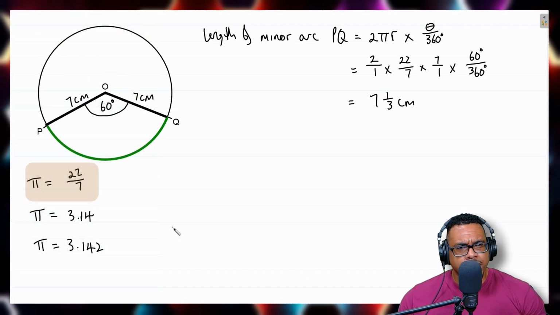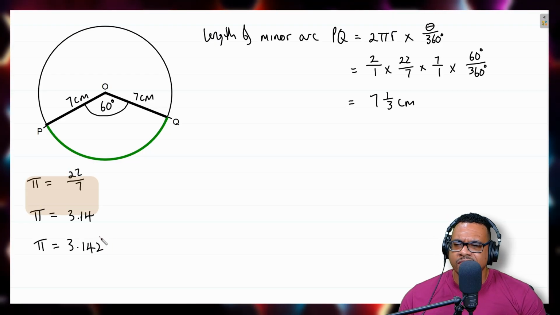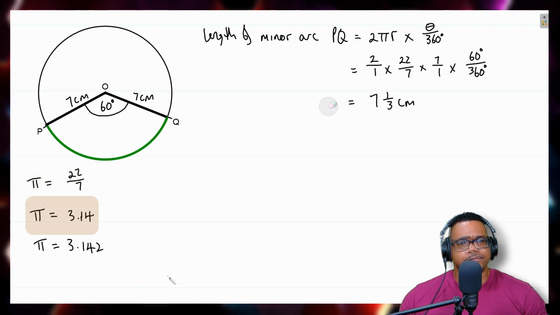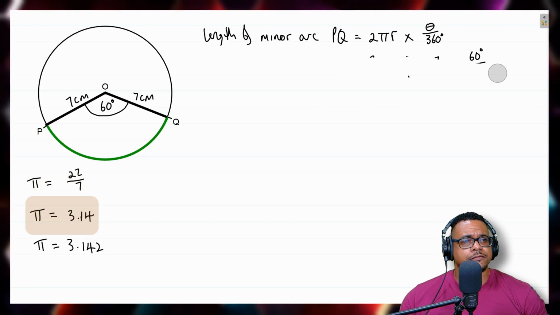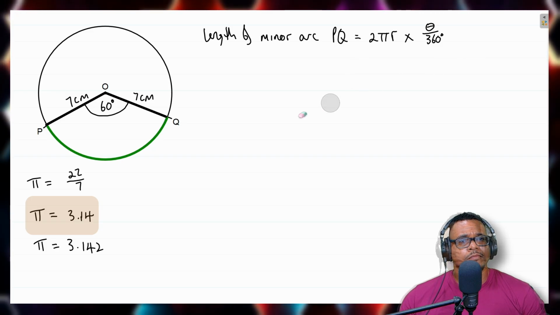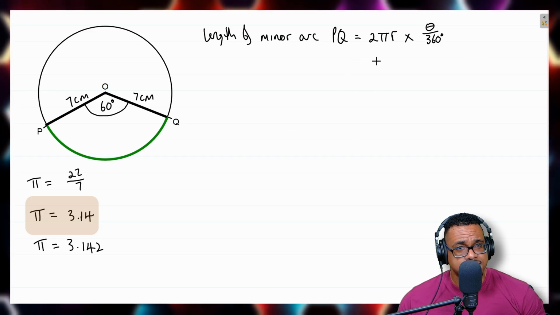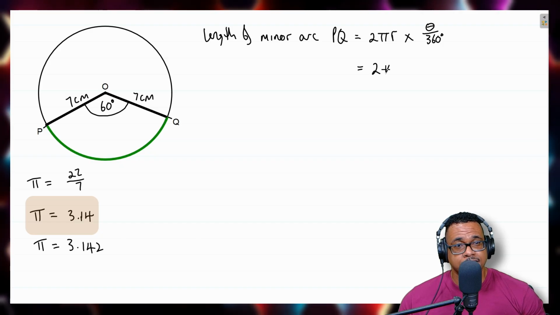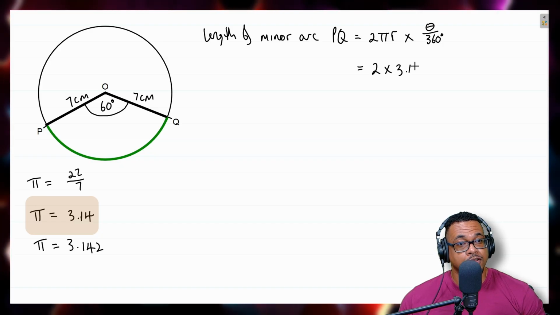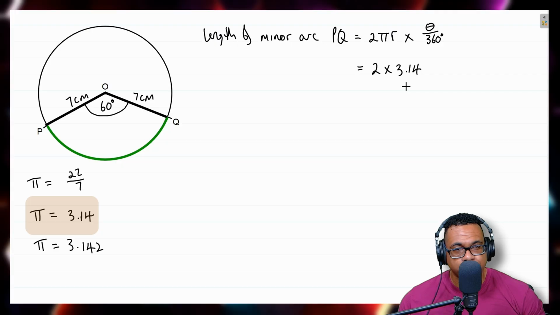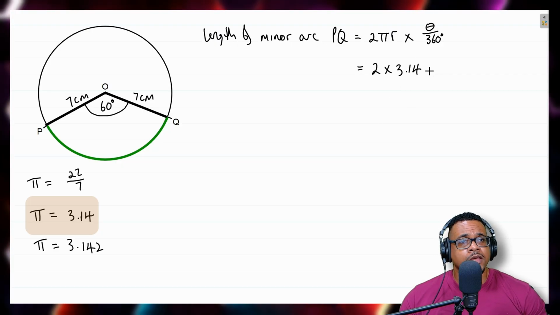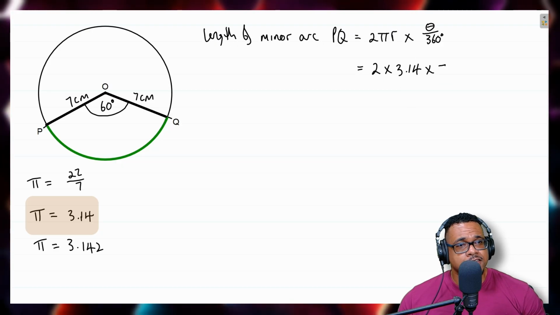Now let's just say you're required to use pi as 3.14 or 3.142. I'll go with 3.14. So you're going to take this off. And you're going to use a calculator to do this. So you're going to put equal to 2 multiplied by pi. So that's multiplied by 3.14. And if it's 3.142, the same way you're going to work it out, right? Multiply by radius, which is 7.